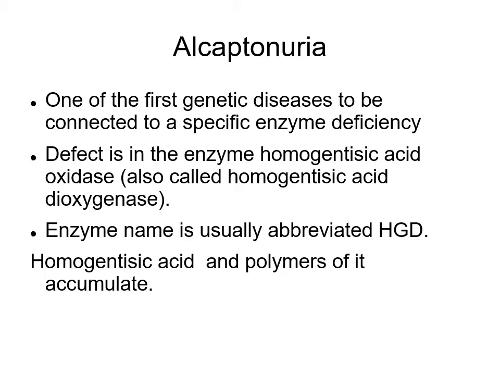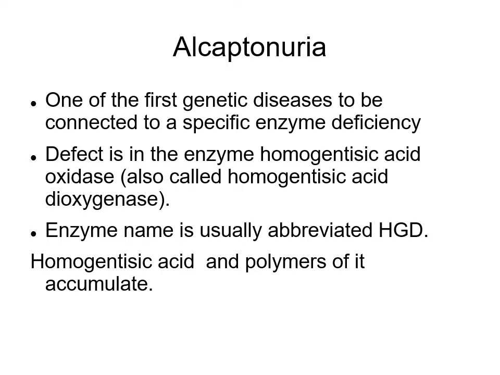Okay, our next disease is alkaptonuria, and this is a really famous genetic disease because it was the disease for which the term inborn errors of metabolism was actually coined. It was the first disease to be specifically connected to a specific enzyme deficiency. The enzyme deficiency here is homogentisic acid oxidase, which is conveniently abbreviated HGD.